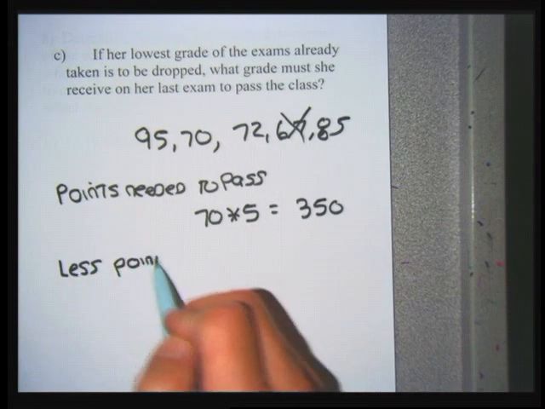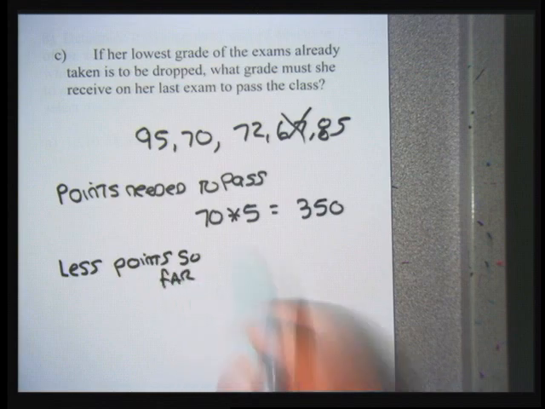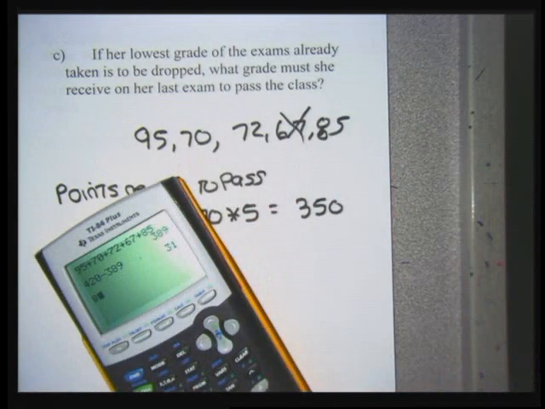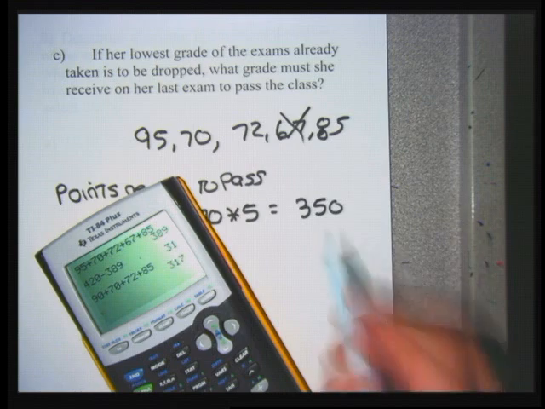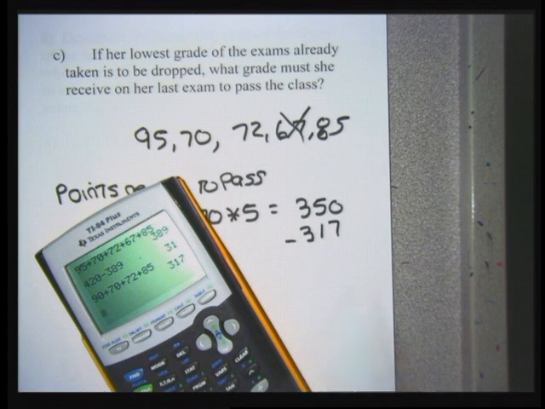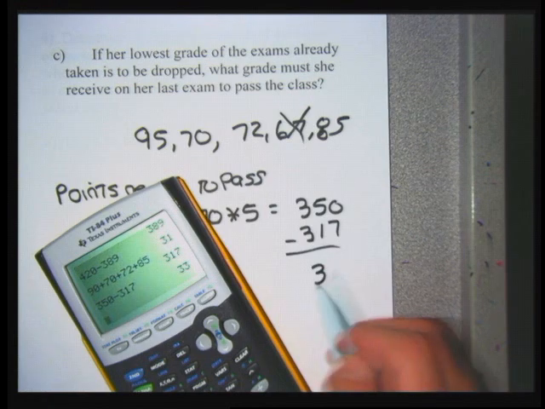And I have to subtract off the points that we're keeping, and she's only keeping those 4 tests, so she's keeping a 90, a 70, a 72, and an 85, so she's keeping 317 points. The difference between the 350 that are needed to pass and the 317 that she has after she drops her lowest test would be 33 points. And that's what she's going to need now to pass.